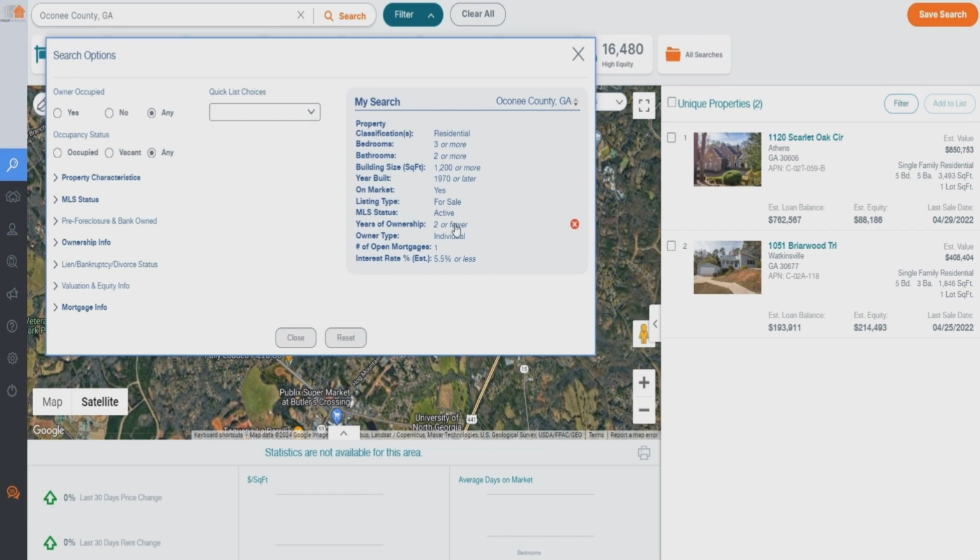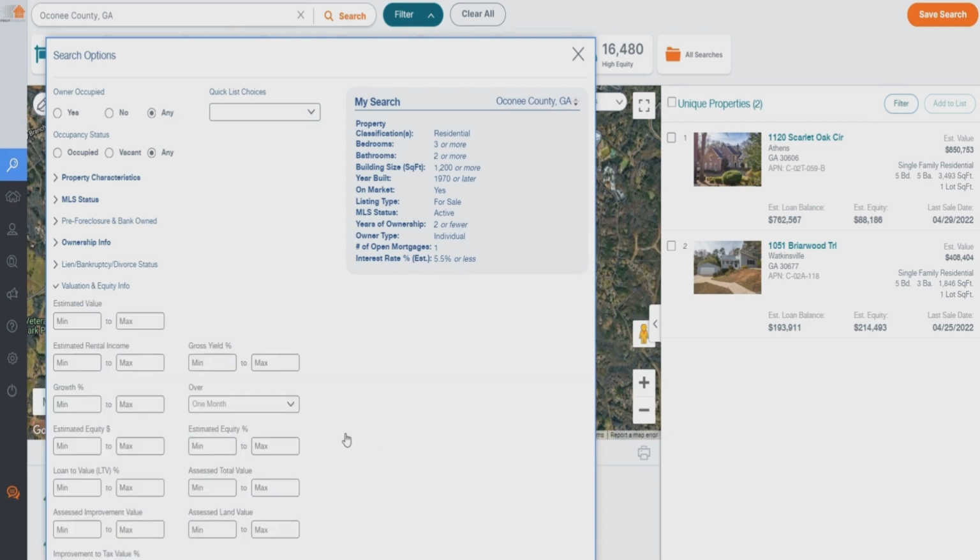If you over-filter your Propstream search options, you're going to limit the unique properties that auto-populates. Again, there are some folks who will target, for example, the estimated equity or the LTV.